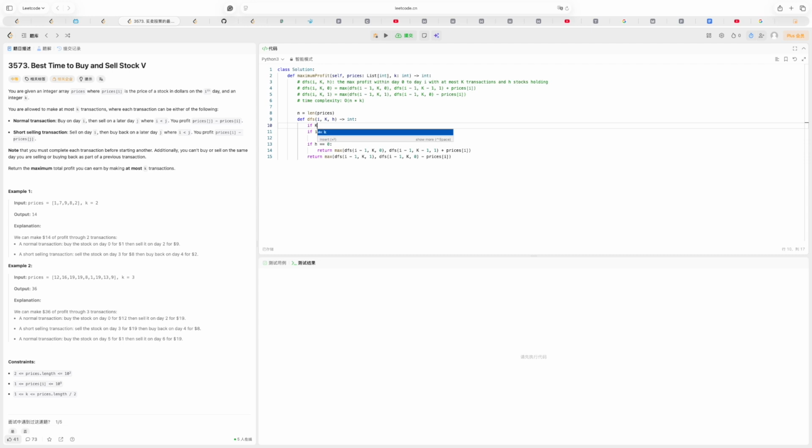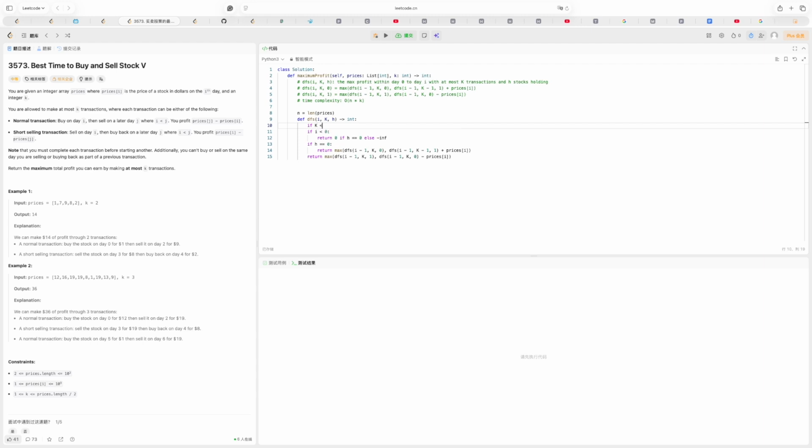I forgot, for k there is also a boundary. Since we are only allowed to make at most k transactions, k cannot be smaller than 0.